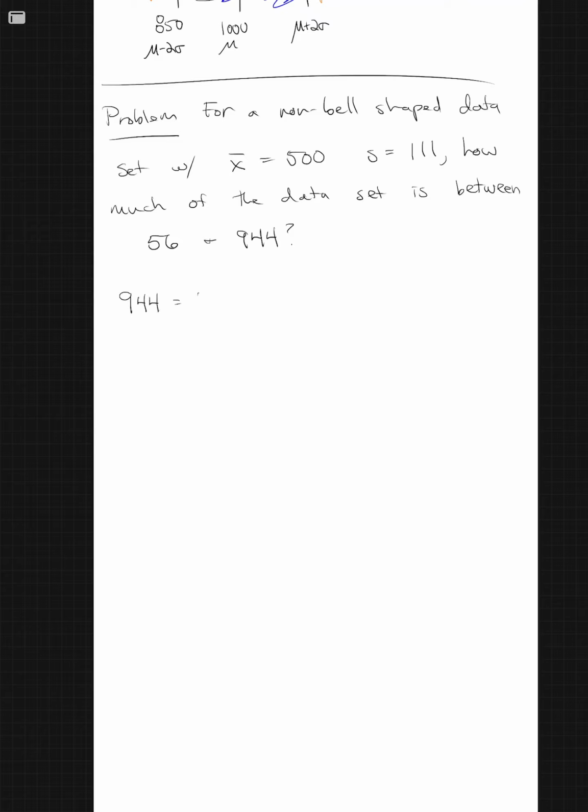So 944 minus 500 is 444. And we want to figure out specifically how many standard deviations that is. So that's 4. Hopefully, we're going to get 4 on this next one too. Right, when we figure out how far 56 is away.